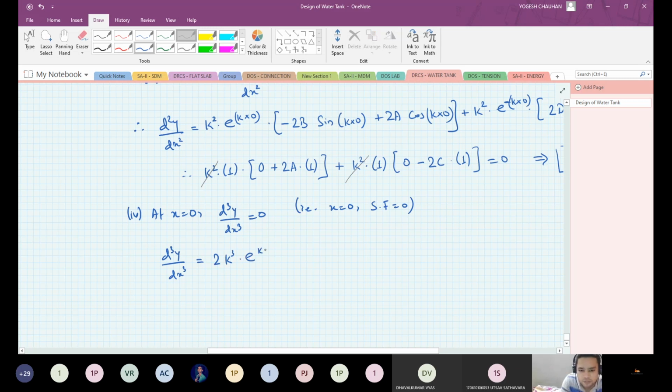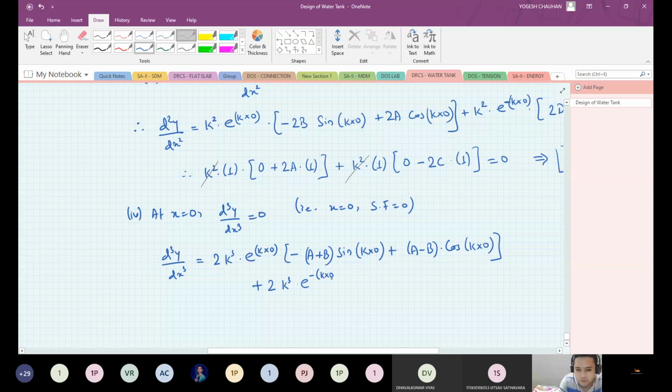So e raised to the power kx, that means e into e raised to the power k into 0, and this is equal to minus a plus b sine k into 0 plus a minus b cos k into 0, plus 2k cube dot e raised to the power minus k into 0.